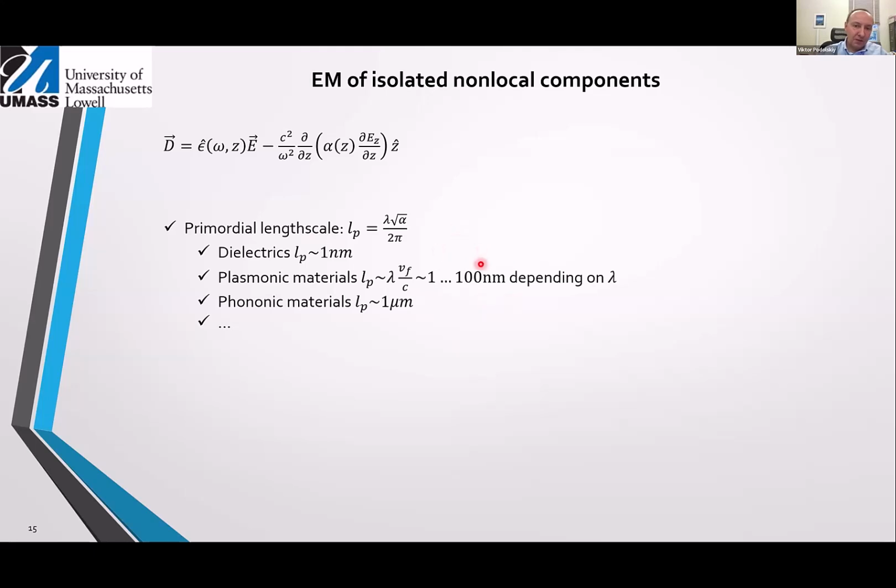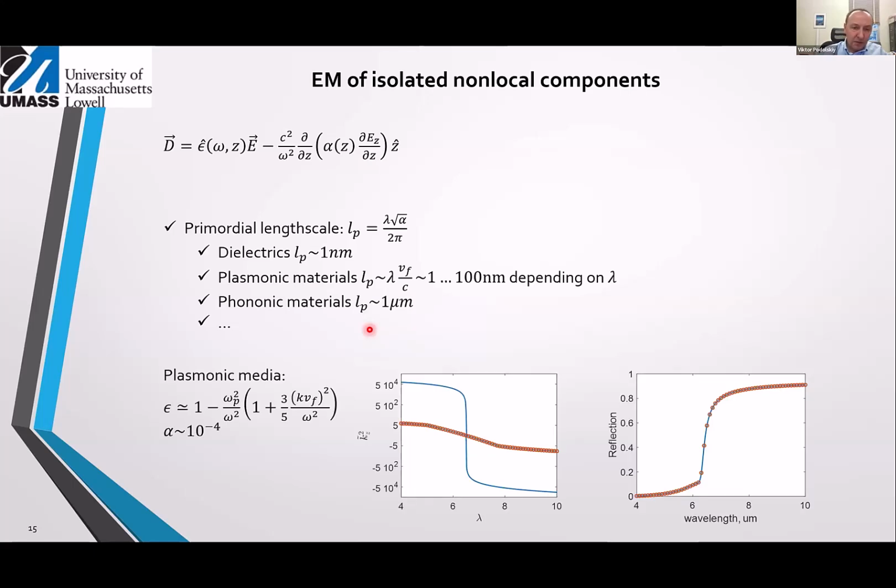Most of the plasmonic materials we're operating with would have it at the 100 nanometer type. And then phononic materials operate on phonons, which are spatially very large excitations. They have a primordial length scale of the order of microns, and that's why people saw the excitation of additional waves in the single layer phononic material.